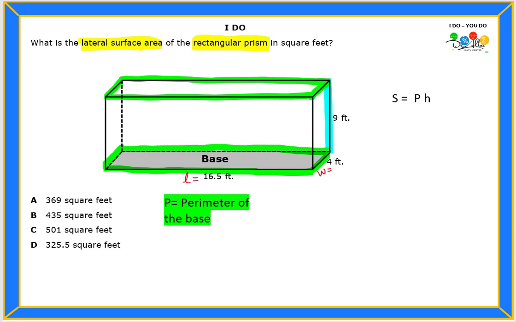So the first thing I want to do is I want to find the perimeter for my base, which is a rectangle, right? So let me write it over here. This is a rectangle. There is one formula, and of course you can always just add up all the measurements that you have on the base, but we can always use a formula, which is 2L plus 2W, which means twice the length plus twice the width, right? So let's go ahead and finish it up.